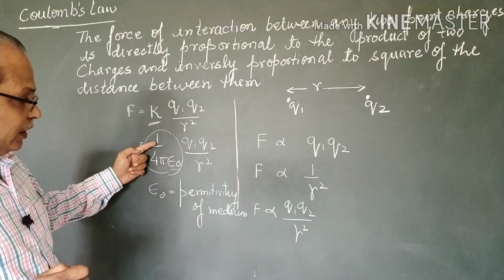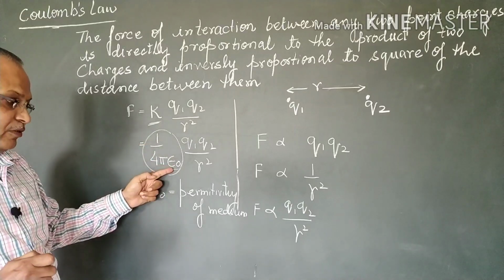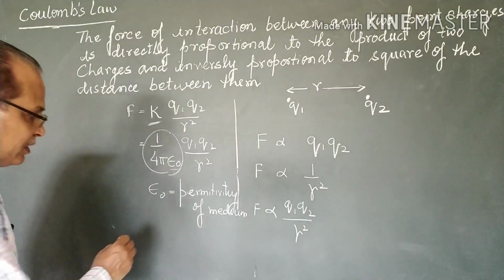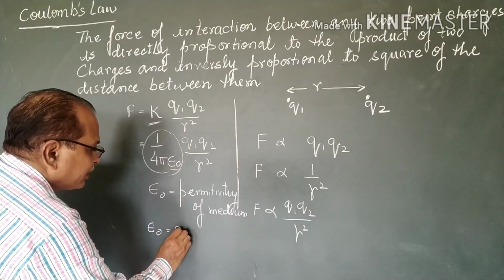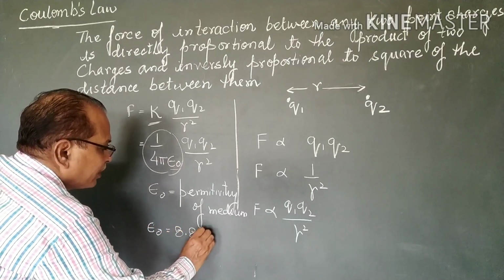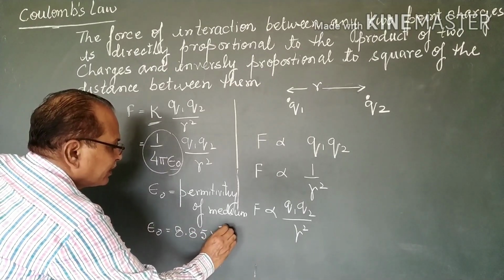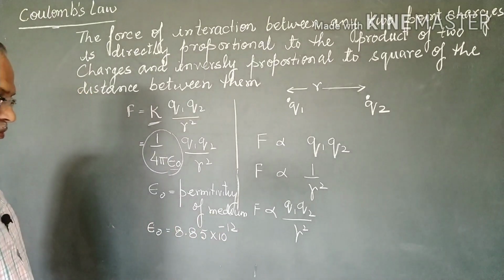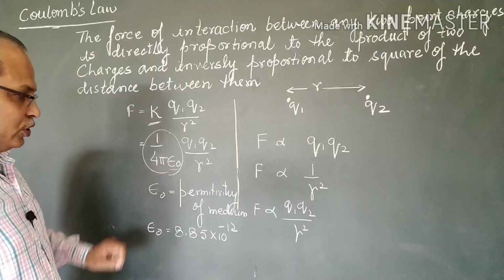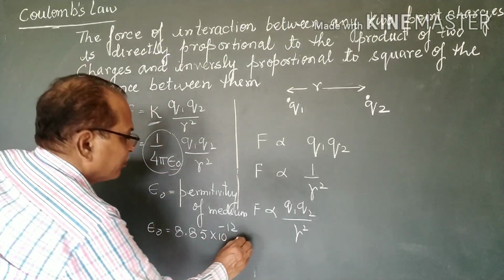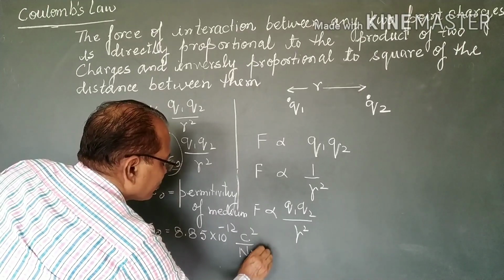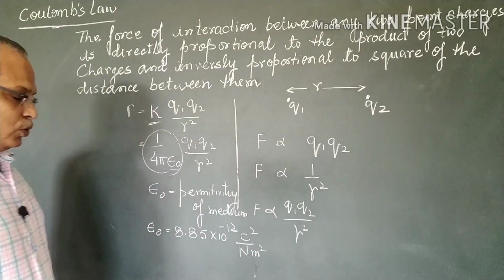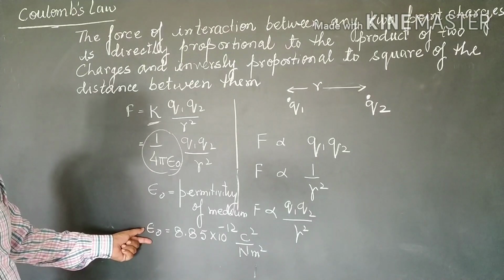So here epsilon naught is the permittivity. For free space, the value of epsilon naught is 8.85 into 10 to the power minus 12 Coulomb square upon Newton meter square.